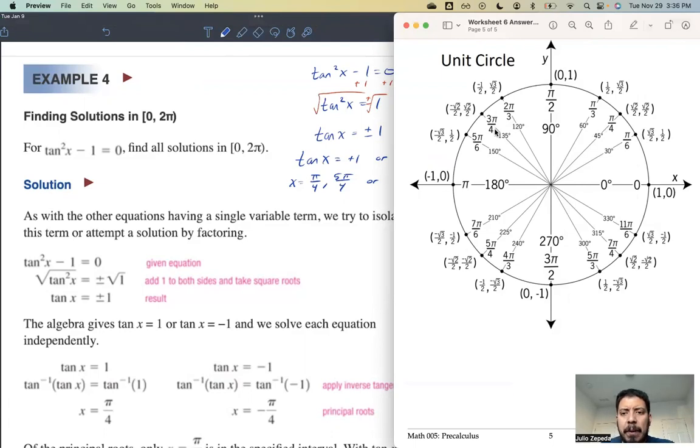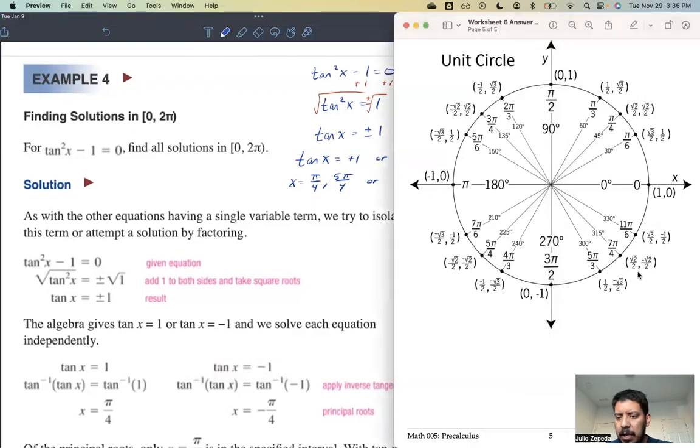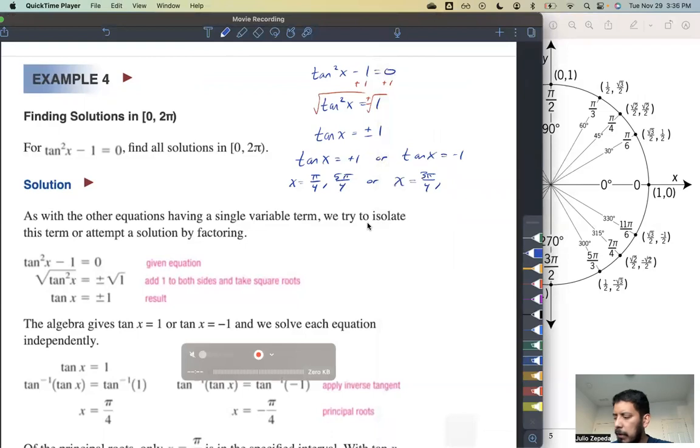And so the tangent of 3 pi/4, notice these two values are just opposite of each other. Negative square root 2 over 2, and then positive square root 2 over 2. So when you divide them, y divided by x, you're going to get -1. So one solution to this equation is 3 pi/4. And then you can see that in quadrant 4, there's another one, negative square root 2 over 2 divided by square root 2 over 2 is -1. And so 7 pi/4 is a solution as well.